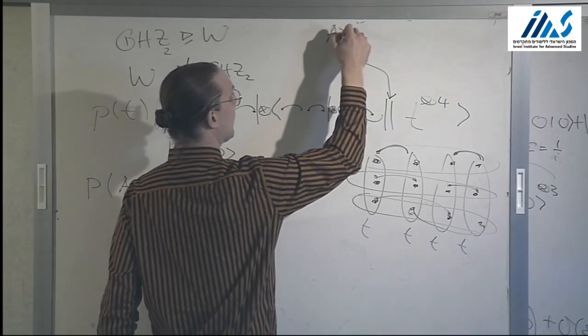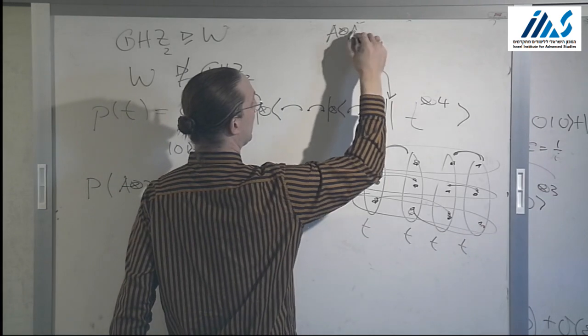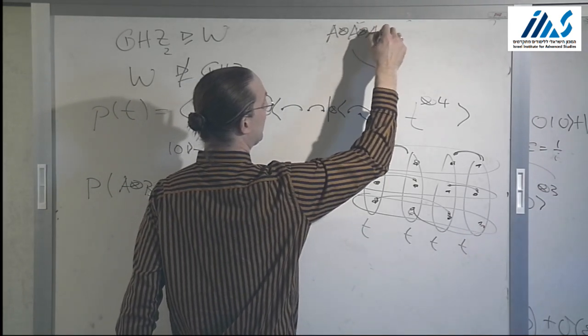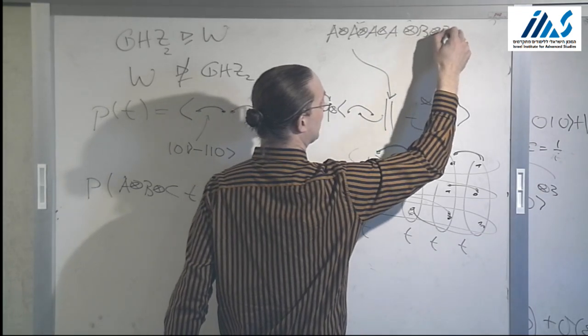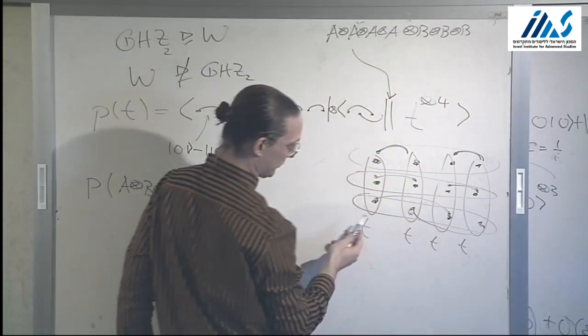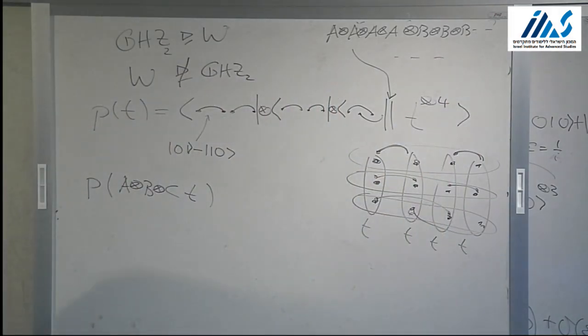Because it comes 4 times, you insert this. You have to keep track of which tensor factor goes with which, but I told you here it worked. And also the C's, put it in here. Okay?